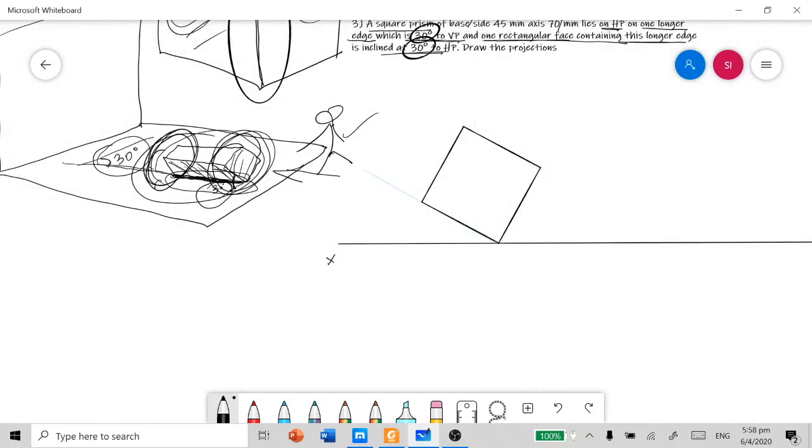So alphabets can be named here and numerals can be named there. Since the base corners are hidden from the observer's view, I am giving brackets to the alphabets.